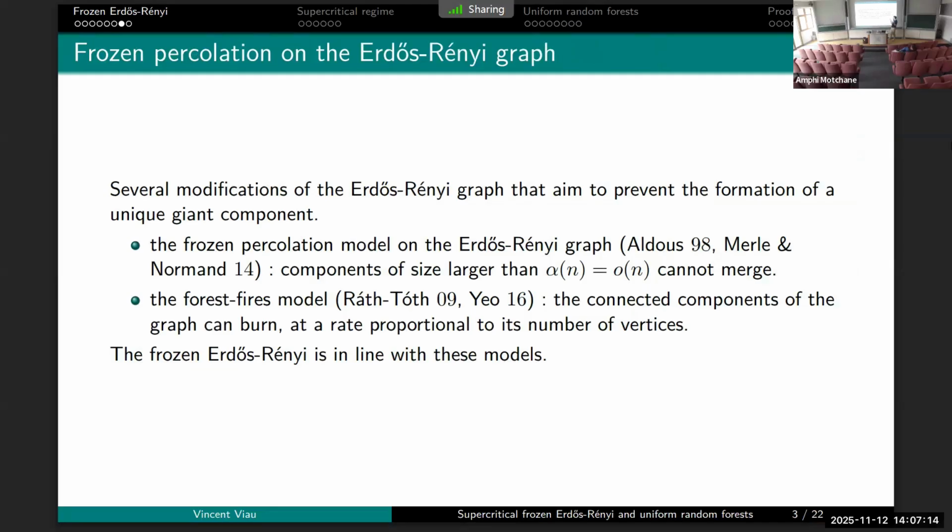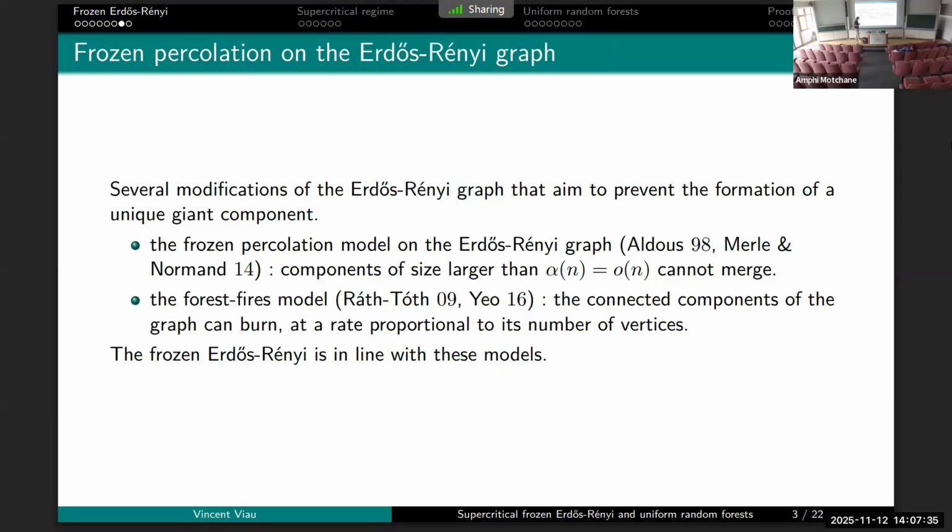For example, there is the frozen percolation model, which was introduced by David Aldous, where connected components that contain more than a threshold function alpha n cannot merge, and so there will never be a giant component in the graph.